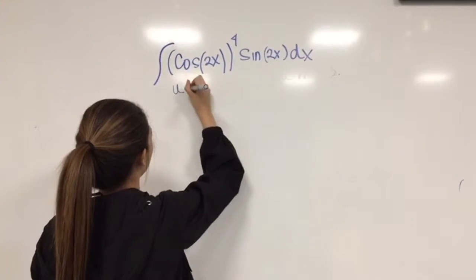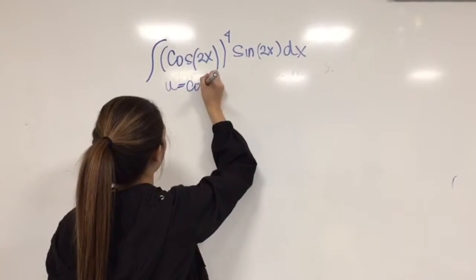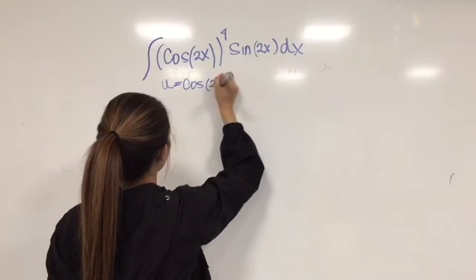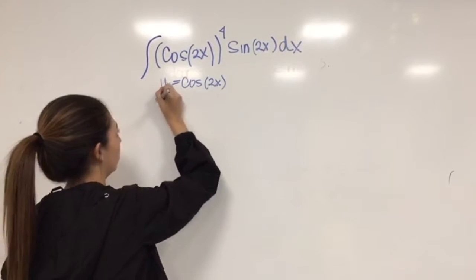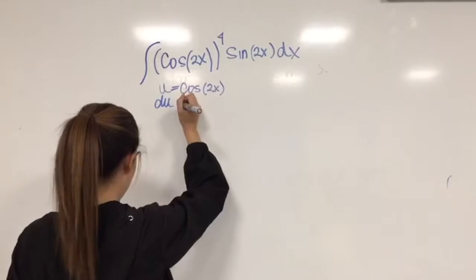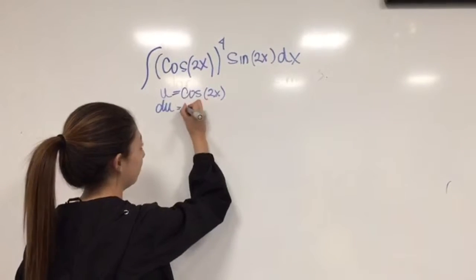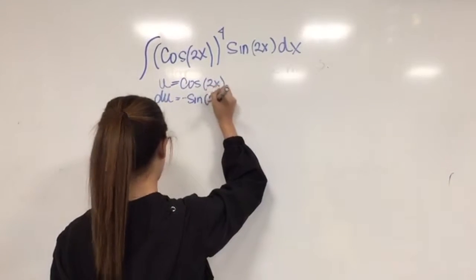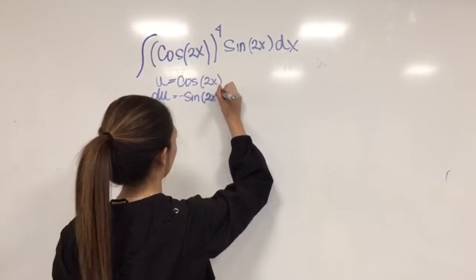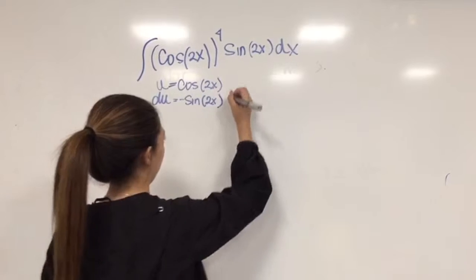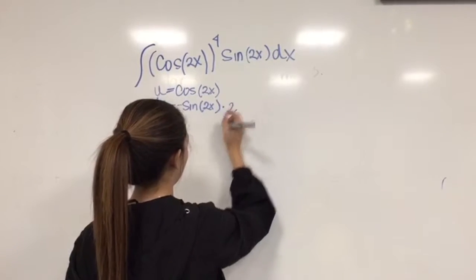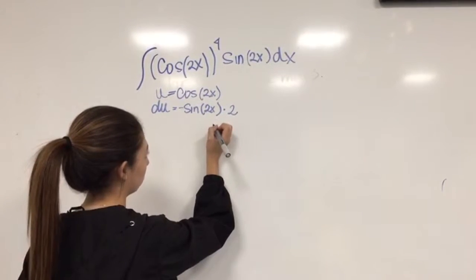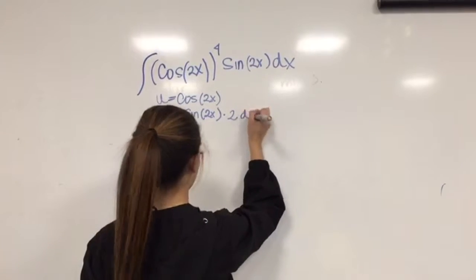So u is equal to cosine 2x. The du, the derivative, will be negative sine 2x by 2, because it's u prime times 2 dx.